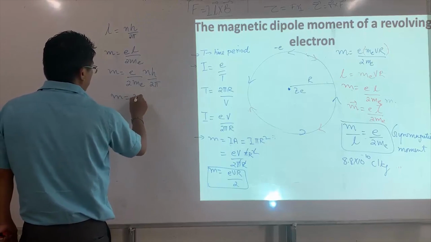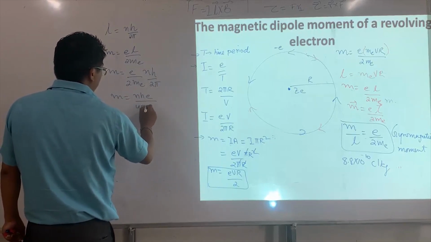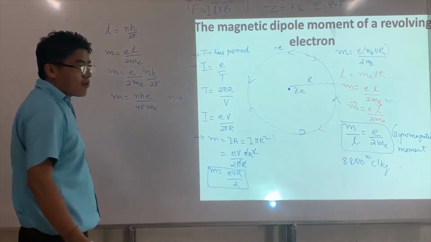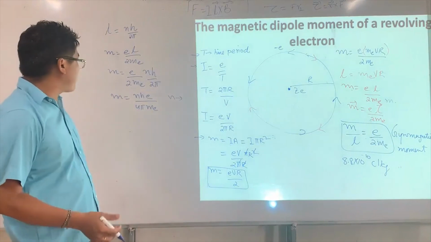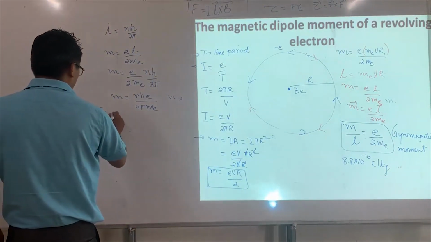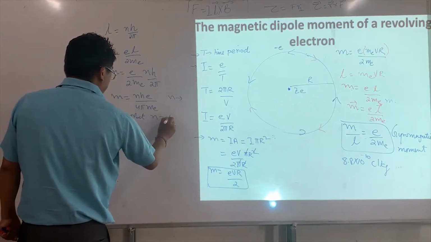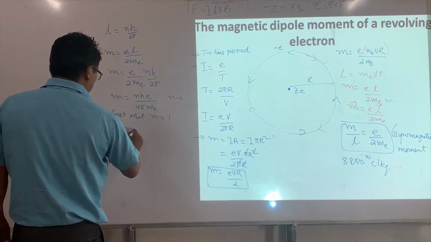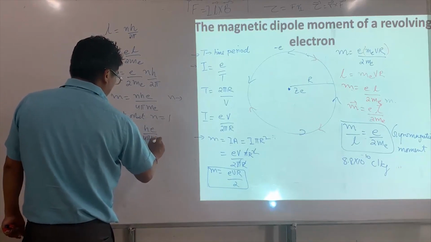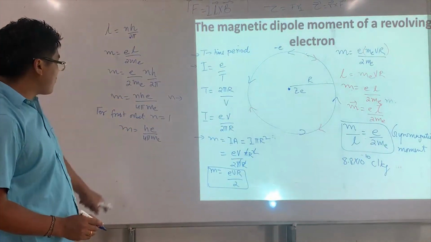So M is equal to n h e divided by 4 pi m e. Here n is what we call the principal quantum number. For the first orbit, n is equal to 1. So the magnetic moment would be equal to h e divided by 4 pi m e. And this is the smallest angular momentum, the smallest magnetic moment, right?